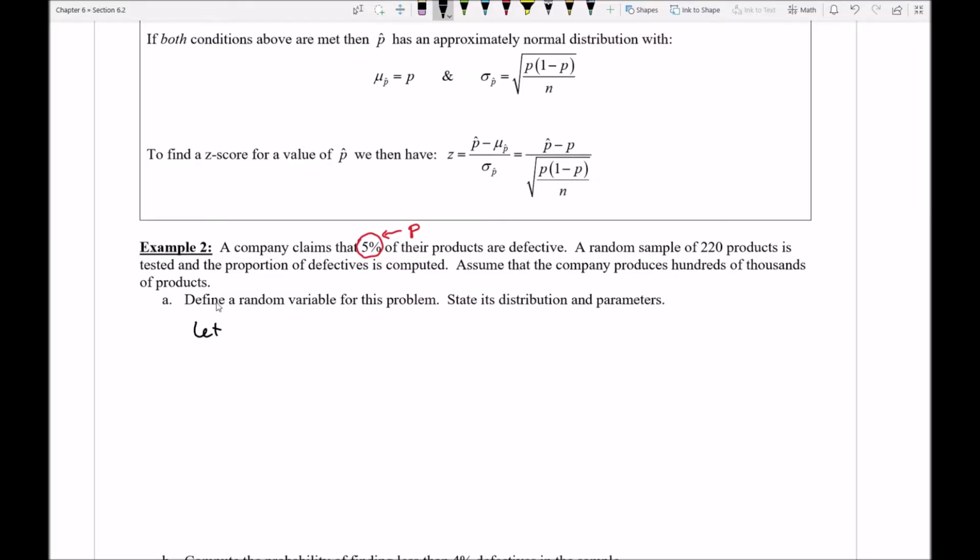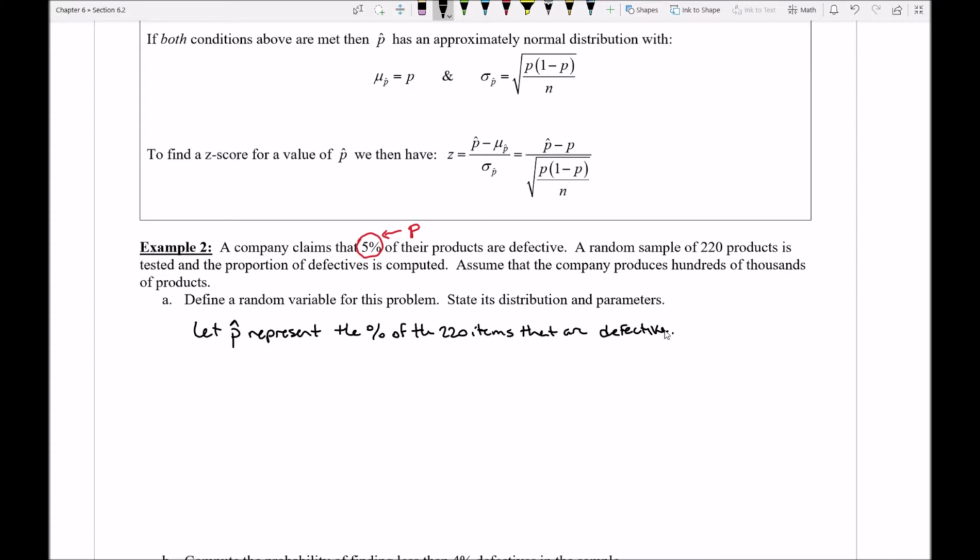So I'm going to say, how about we let p hat represent the percentage of the 220 items that are defective. I don't know what this number is going to be, but I can say that p hat is going to be the symbol that stands for it.